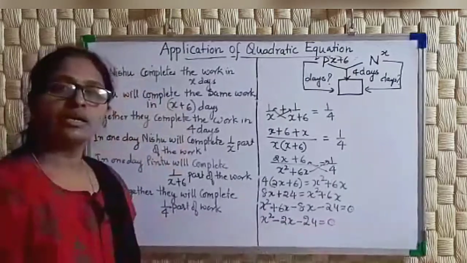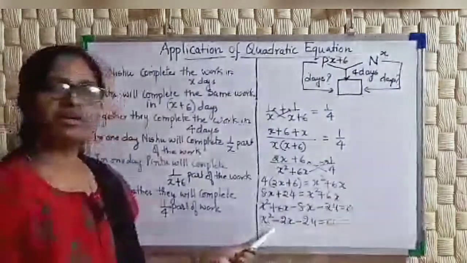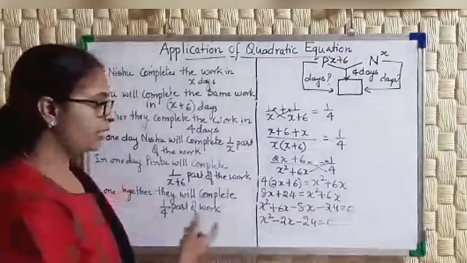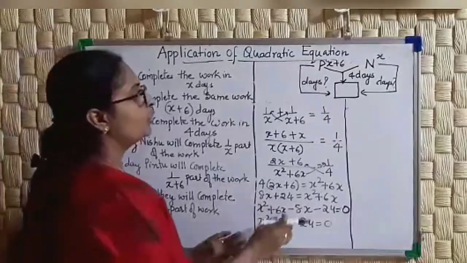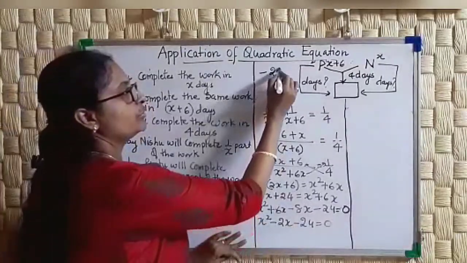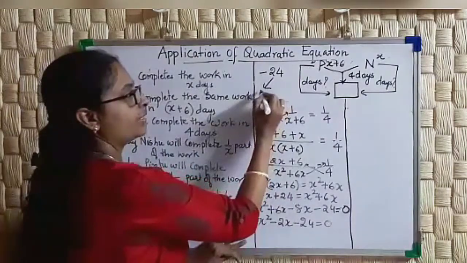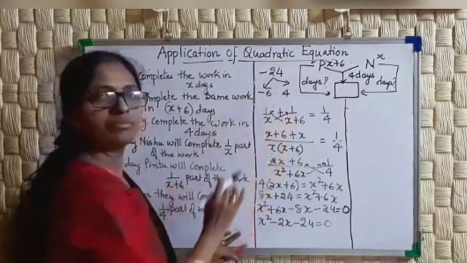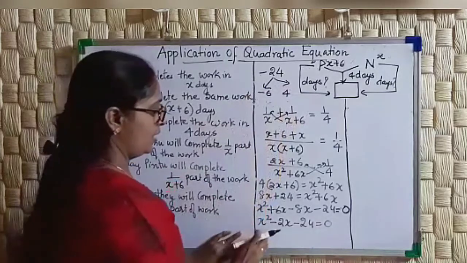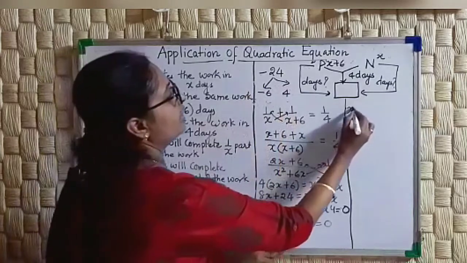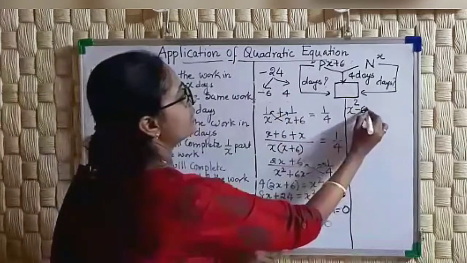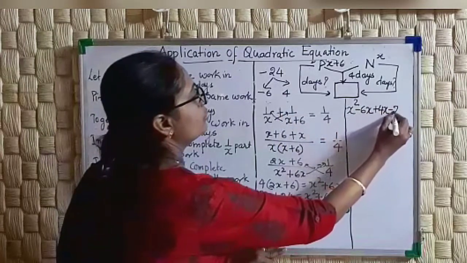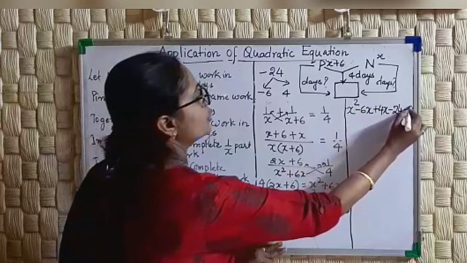So here we get a quadratic equation. Now we have to find the factors or the value of x by splitting the middle term. The factors of minus 24 will be minus 6 and 4. So we will have x square minus 6x plus 4x minus 24 equal to 0.